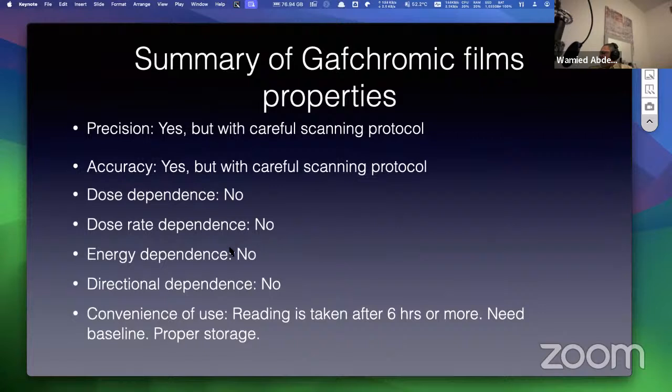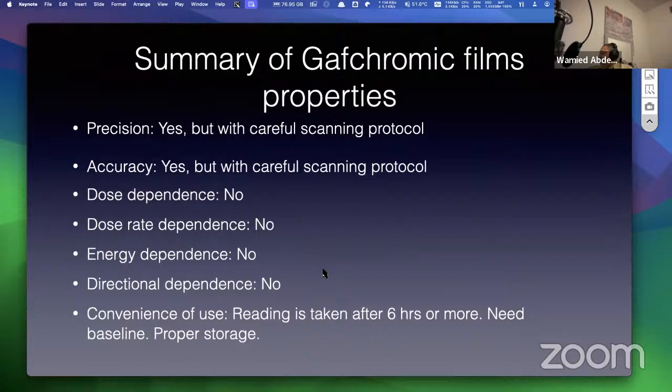Now, chromic films, I think this is one of the big advantages. They do have a very high spatial resolution because they're often read with a laser scan or with a scanner. So the spatial resolution is really very high. Directional dependence, I don't think they exhibit any directional dependence.